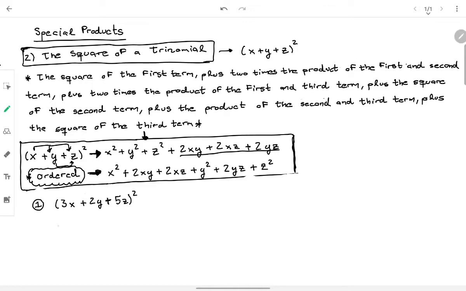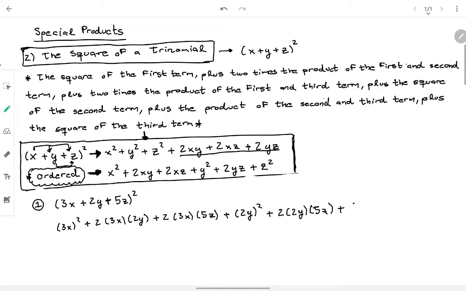The rule says that we need the first term squared plus 2 times the first and the second term multiplied plus 2 times the first and the third term, then the square of the second term plus 2 times the second by the third term, and finally the last term squared.